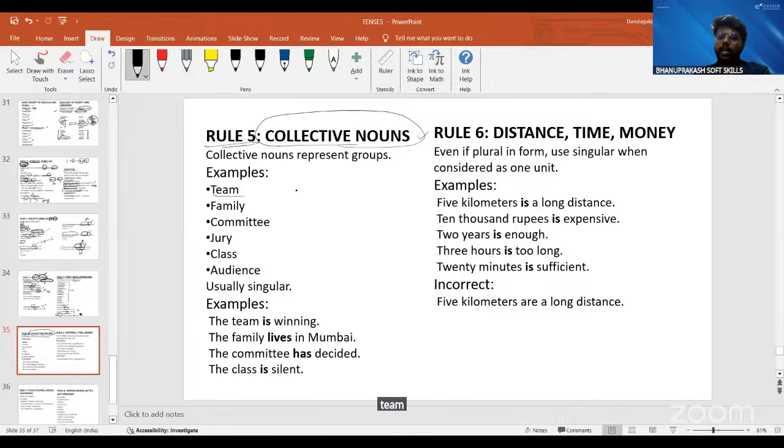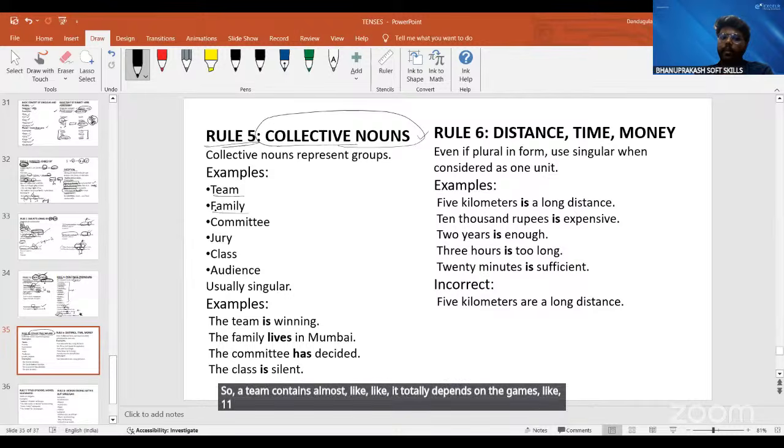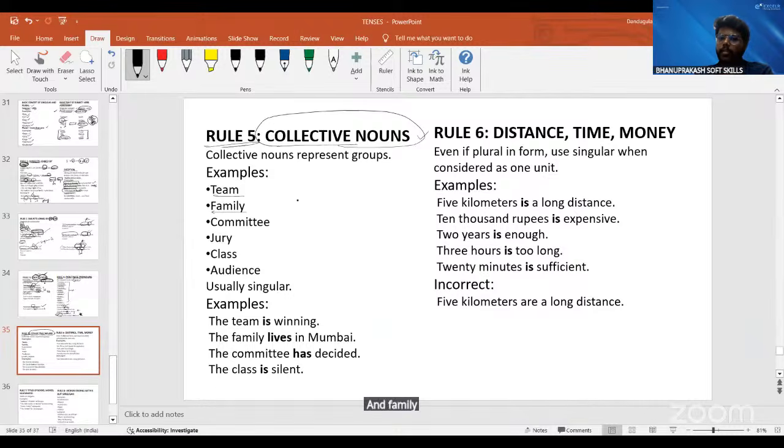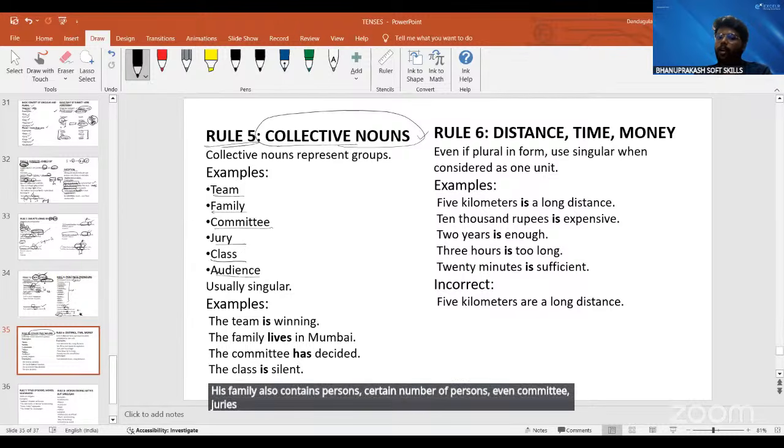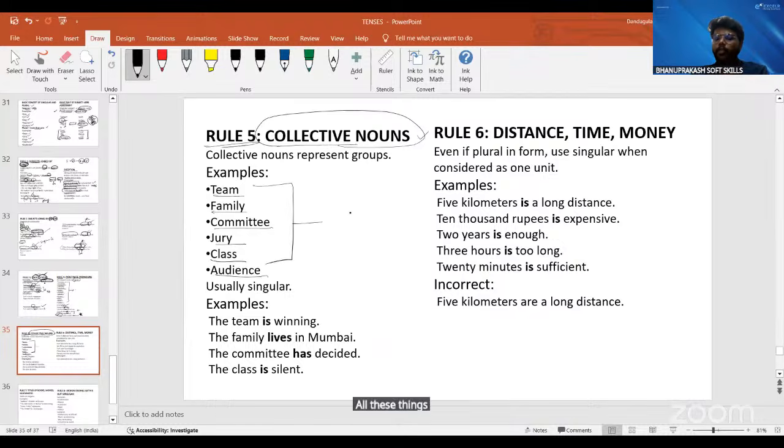A team contains, depending on the game, something like 11. And family also contains a certain number of persons, even committee, jury, class, audience. All these things are related to a kind of collection. So this collection is considered as one group.